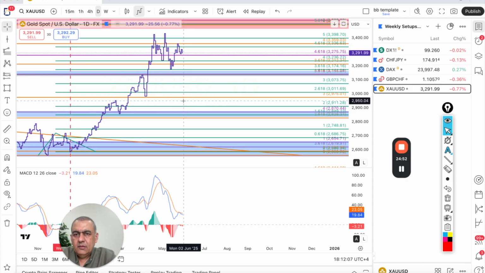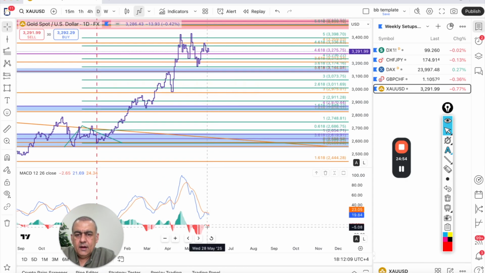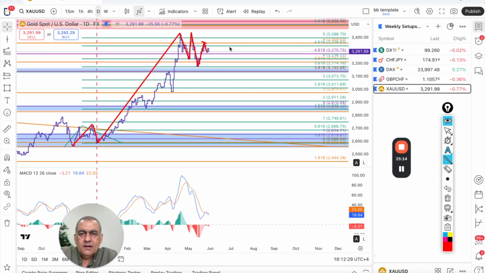The only problem here is that our MACD has changed from green to red, which means there is weakness on the daily frame, and after creating this massive bull run with double top, now gold is consolidating, and this is our lower high, and this lower high is formed at 3359. So 3359 or 3360 is acting as very strong resistance now.